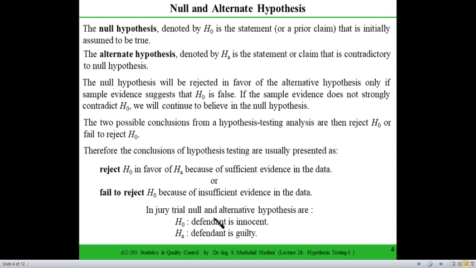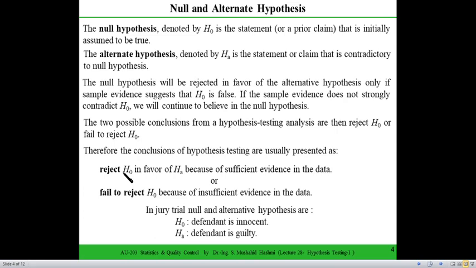So if you reject H naught, that the defendant is innocent, then the defendant is not innocent and would be considered guilty. And we can only do that once we have sufficient evidence.